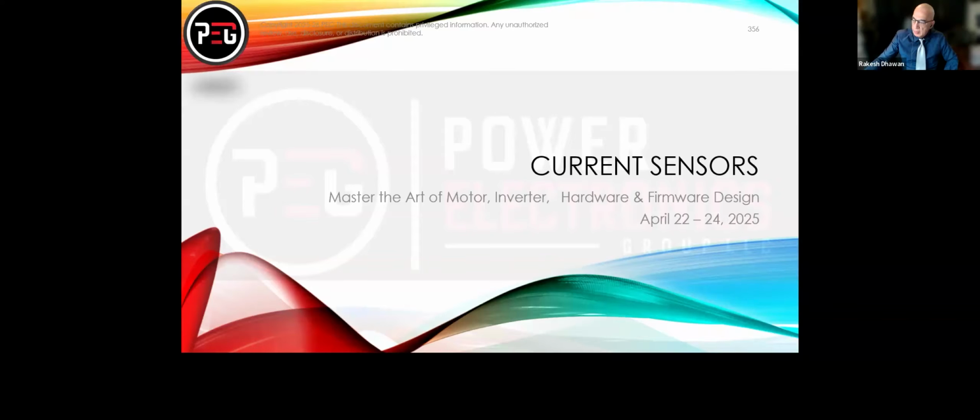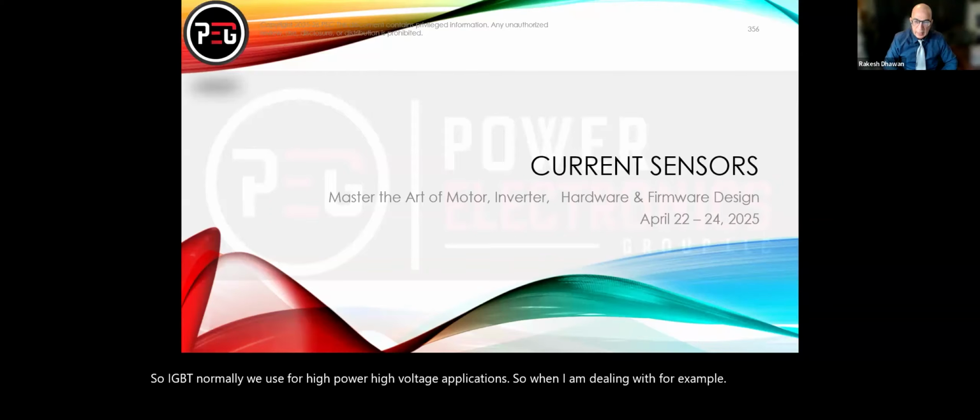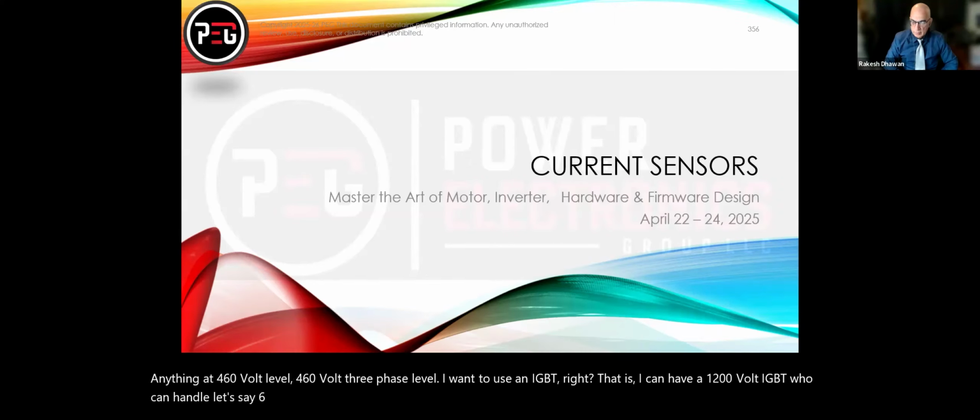So IGBTs normally we use for high power, high voltage applications. So when I am dealing with, for example, anything at 460 volt level, 460 volt three-phase level, I want to use an IGBT, right? That is, I can have a 1200 volt IGBT that can handle, let's say, 600 amps, okay? MOSFET cannot handle it.